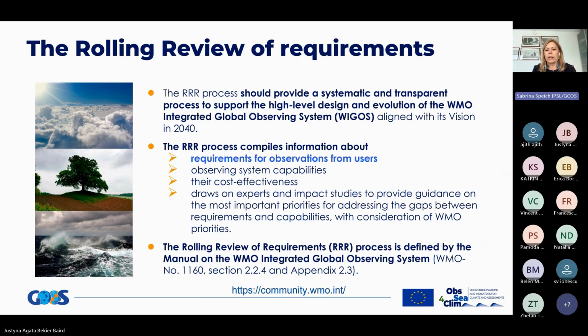At the beginning was weather forecasting, then climate monitoring, but today we have also the ocean and the hydrological cycle, and there are other applications. I will list them. It compares these requirements with the current and also planned observing capabilities in order to identify gaps and set priorities for the global observing system.